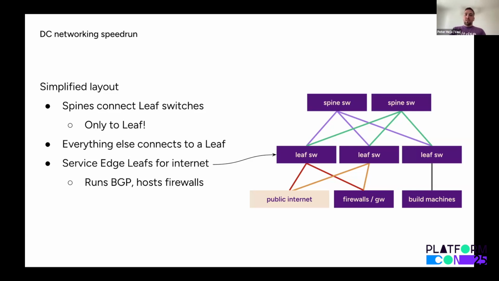Basically, leaf switches which are connected to the internet. You can put your firewalls there, you can put your internet-facing services there, and you will have very nice performance because you can connect to multiple leaf switches from your endpoints. You can have redundancy, and it's super, super convenient.